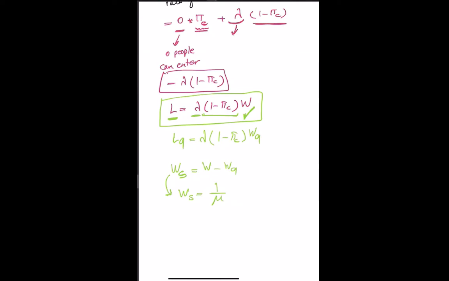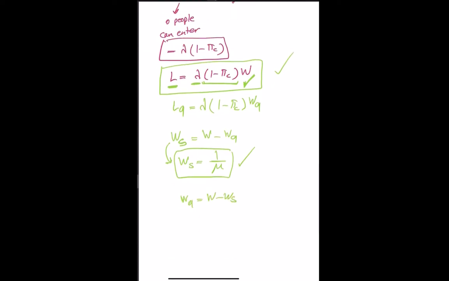So we can use that: if I calculate L using this formula, and calculate WS using this formula, then I can just say WQ equals W minus WS and find WQ, or just calculate it using this formula. Both of them are fine.